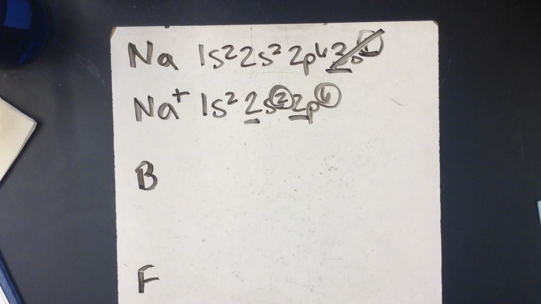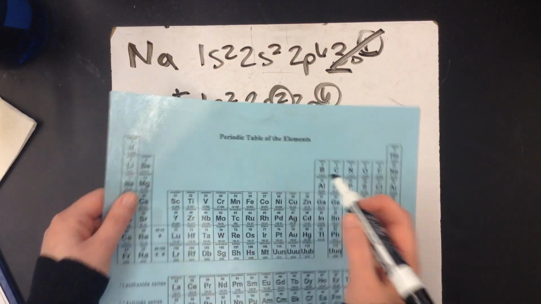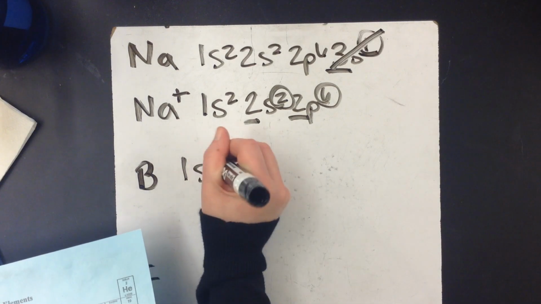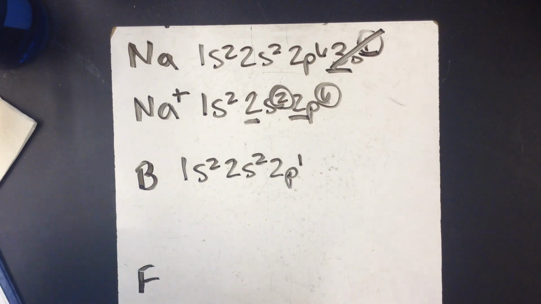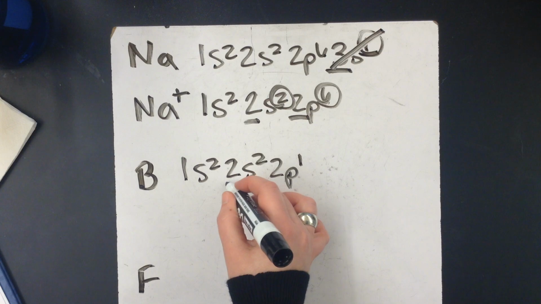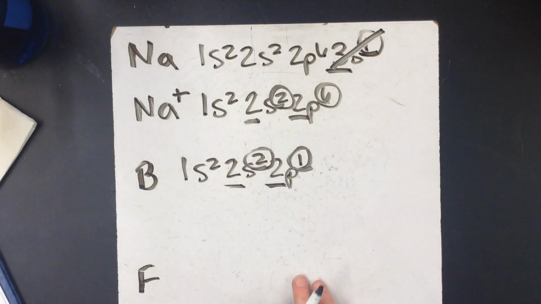Let's look at boron as our next example. So boron has 5 electrons. Its electron configuration would be 1s2, 2s2, 2p1. Okay, so how many valence electrons does boron have right now? Well, its highest energy level is the 2nd energy level, so it has 3 valence electrons total.